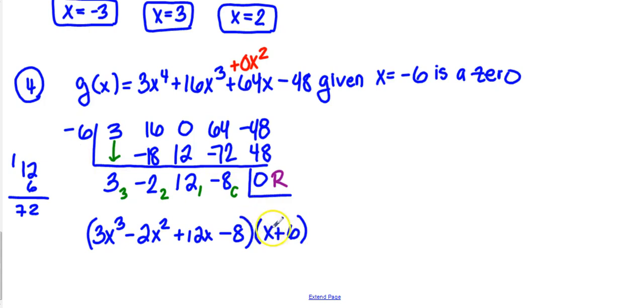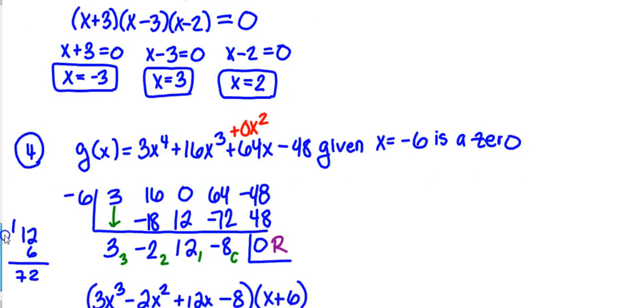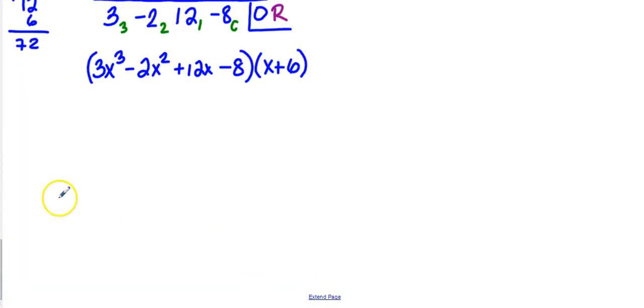If the 0 is negative 6, the factor has an opposite sign. Always remember to write this because it's very easy to drop it by accident and then forget to put it in our final answer. So we're definitely not done because now we have this awesome cubic function right here. And we need to decide if we can actually go farther. Whenever I have 4 terms, my go-to tool in the toolbox to try first will be factor by grouping.